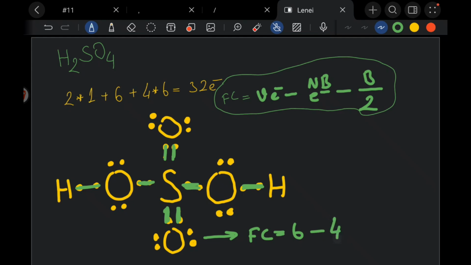Non-bonding electrons is 4, and we have 4 bonding electrons over 2, which means that the formal charge is equal to 0 for this oxygen also. So the total formal charge is 0 for all the atoms. Therefore, this is the correct Lewis structure for H₂SO₄.